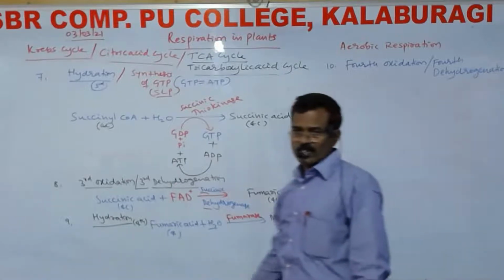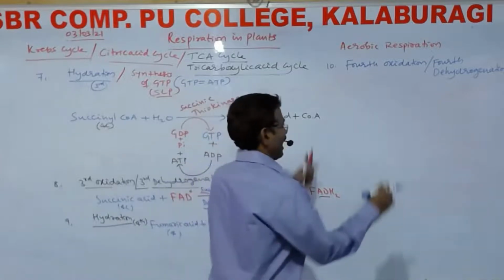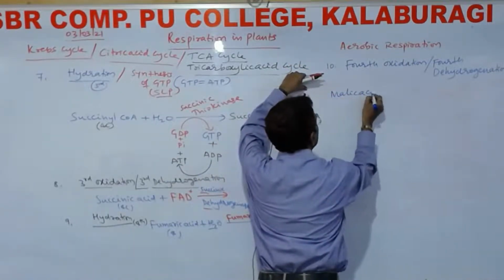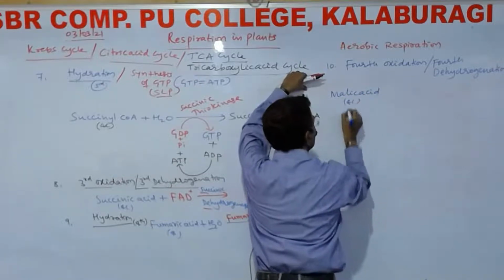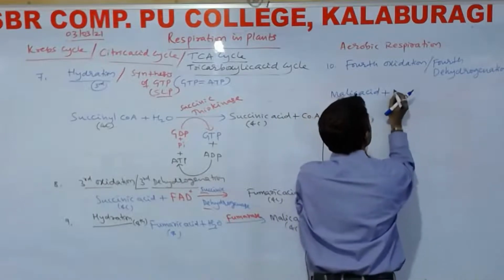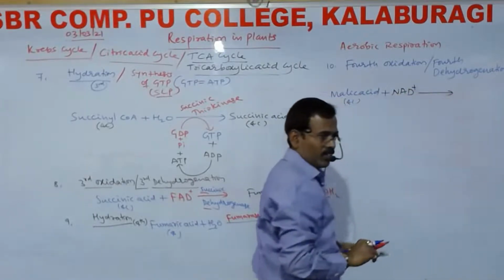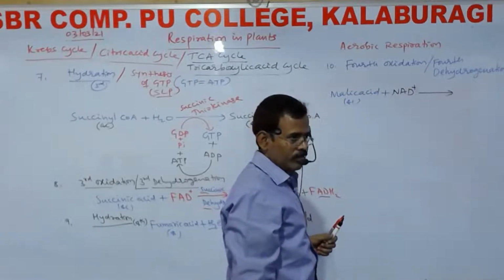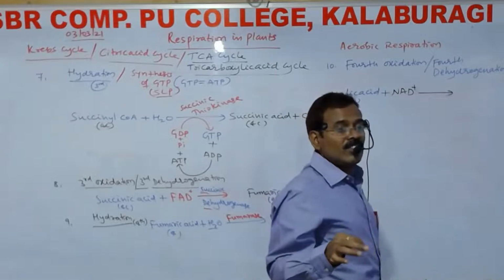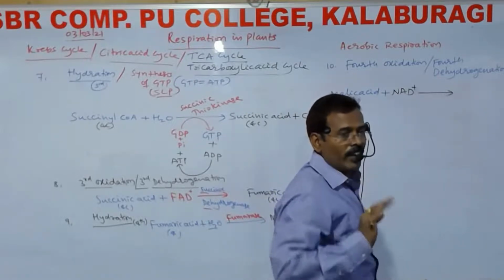Okay, so this malic acid undergoes oxidation and releases hydrogen atoms. Those hydrogen atoms will be added to oxidized NAD plus. So now we will get back the starting compound which will condense with acetyl coenzyme.